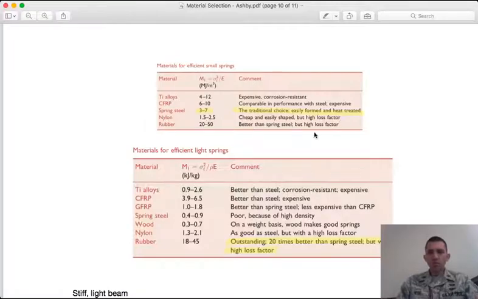The problem here, and this isn't captured on our chart above, is the high loss factor. So it can store the same amount of energy. Well, it's an equivalent spring on the basis of yield strength and modulus. But it's not good for storing energy because of the high loss factor.